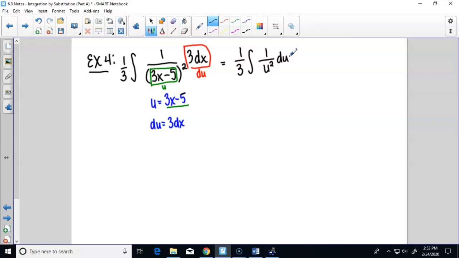And I don't really know how to integrate when I've got things in the denominator, so I'm going to write it like this: 1/3 integral of u to the negative 2 du. So, if we integrate that, u to the negative 2, what are we going to get when we integrate?